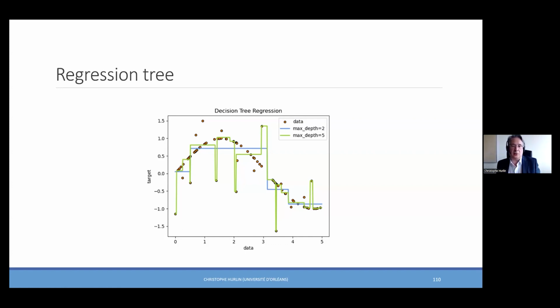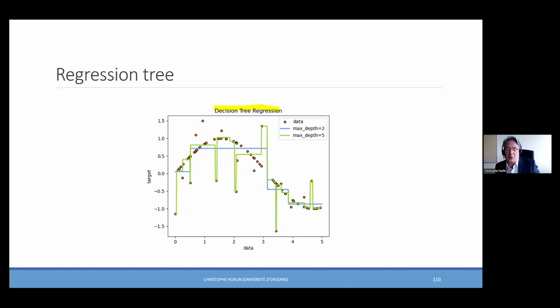So this is a second example. I previously showed you an example of a classification decision tree for a classification problem with 3 modalities. This is another example, the outcome of a regression tree. So we have a decision tree regression model, and this is the outcome.